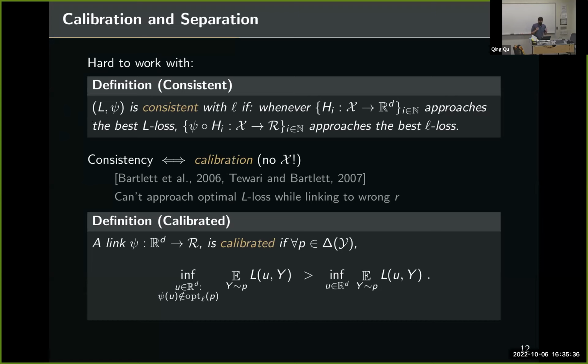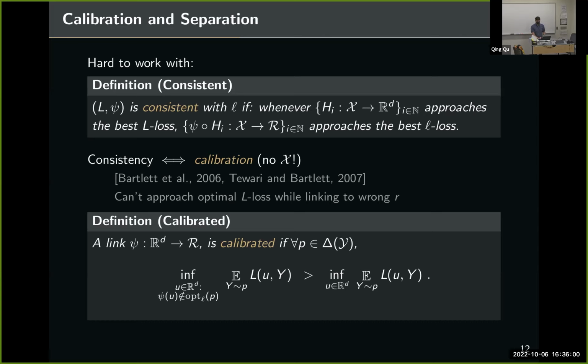At a high level, what we're saying is that you can't approach the optimal surrogate loss while linking to something that's not optimizing the target. You can see why that would be bad, because your learning algorithm or your hypothesis could be doing something wrong the entire time while getting better and better loss.